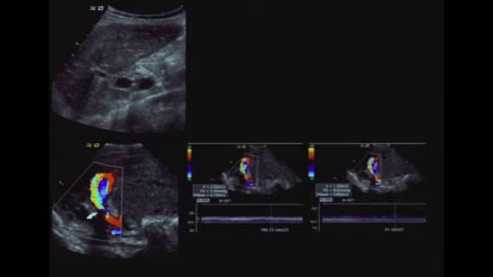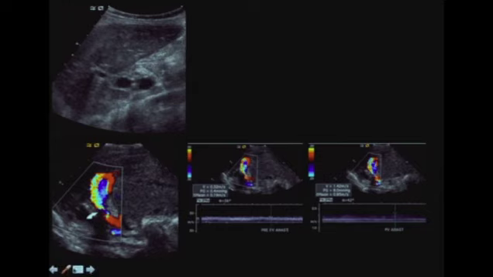So here's a patient with a reduced size graft, and you'll notice here is the portal vein, and right at the anastomosis, it's very, very narrow. This is a different patient, but you can see, again, marked narrowing, and there's some aliasing, and then this post-stenotic jet, well documented with the color.